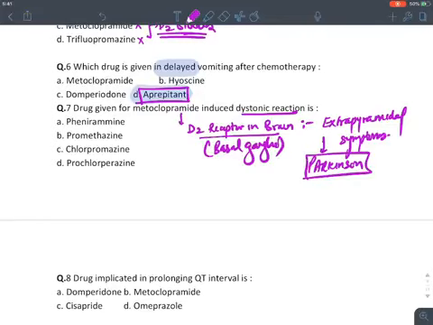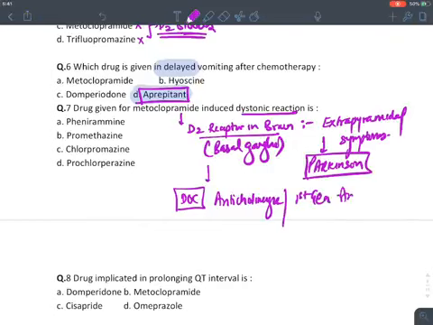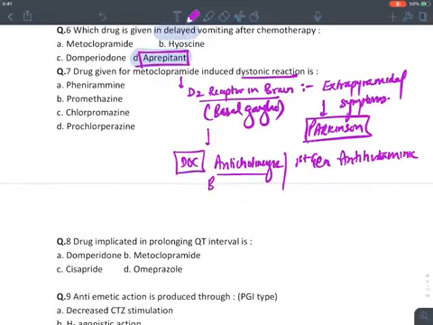So can we say it is a cause of drug-induced Parkinsonism? Remember, the drug of choice for drug-induced Parkinsonism: we give anticholinergic drugs or first generation antihistaminic drugs. Those anticholinergic drugs we will write as benztropine, piperidine and benzhexol.